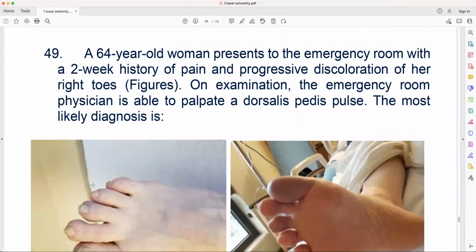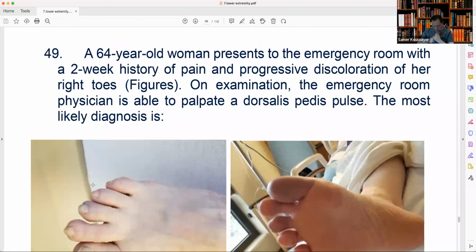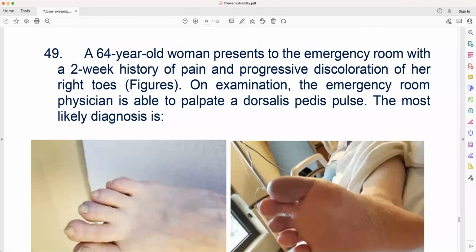It's digital artery occlusion. Yeah, but where is the embolization coming from? Either a popliteal artery aneurysm or dissection, vasculitis. We have a differential diagnosis, but mainly aneurysm.